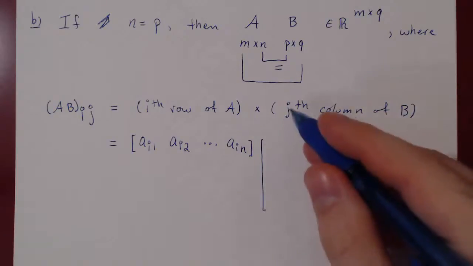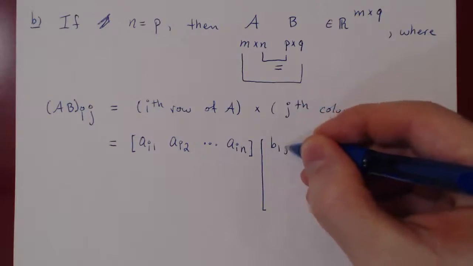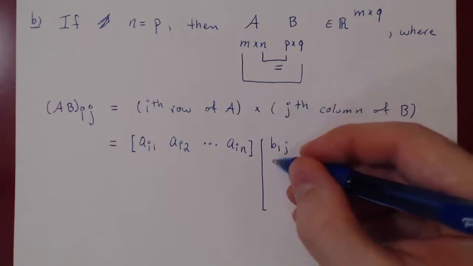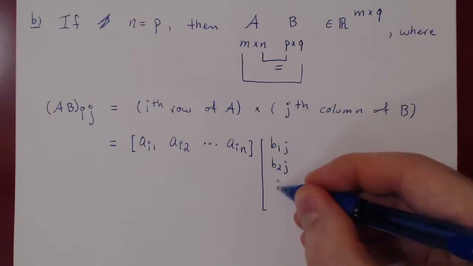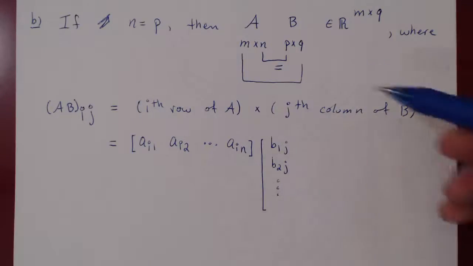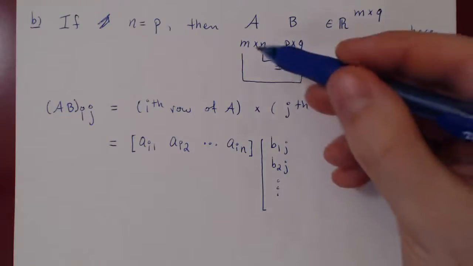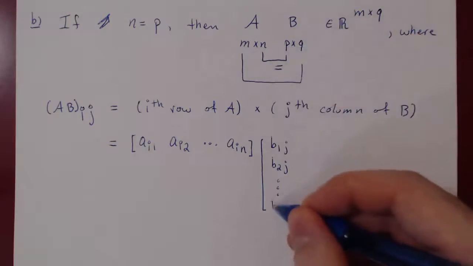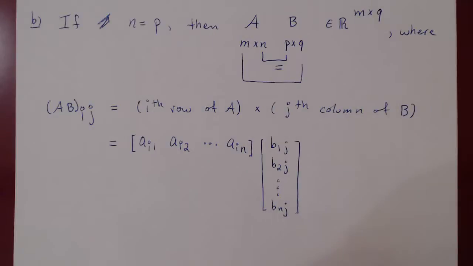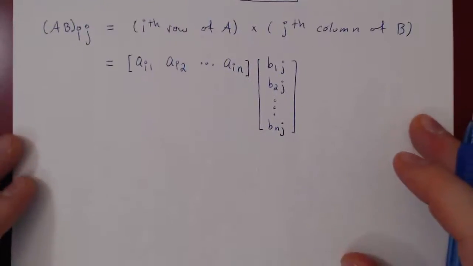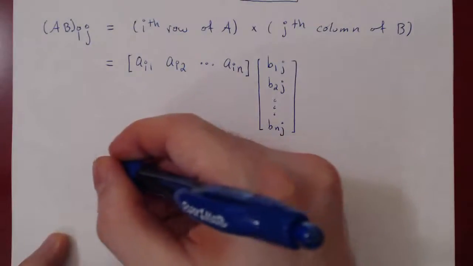We are now in the jth column, so we fix the second index being j. This would be b_1j, second row, b_2j. We're still in the jth column, up to the nth row. B is a p by q matrix, so there are p rows, but as n equals p, we can stop with b_nj. We know how to carry out a multiplication between a row and a column matrix.